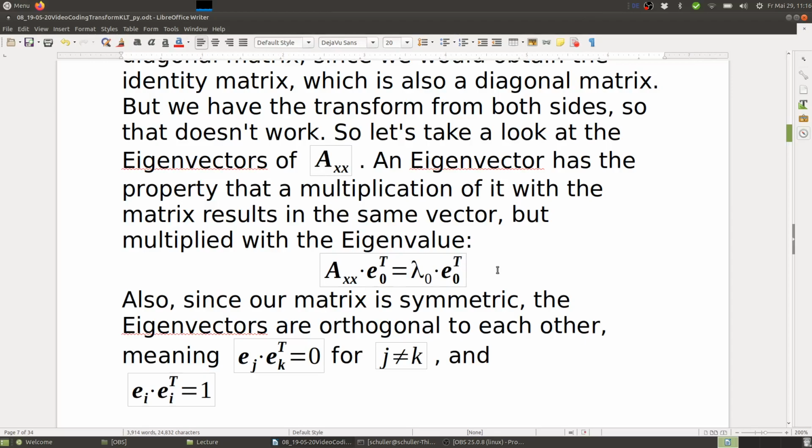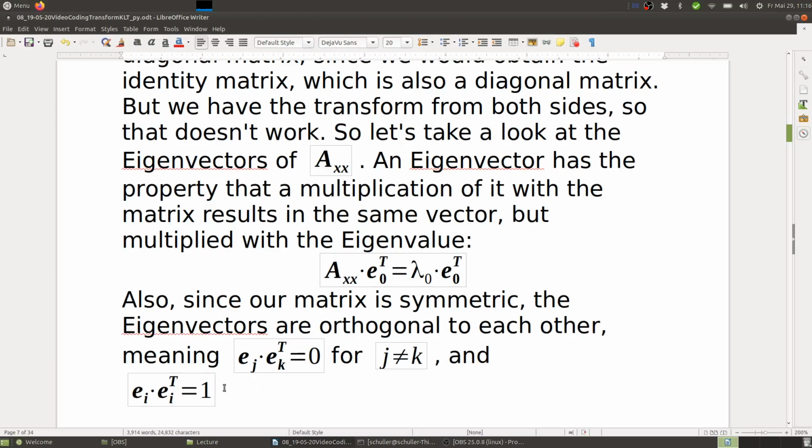And it turns out that a matrix of dimension n by n has exactly capital N eigenvectors and eigenvalues. So E naught is called the eigenvector, lambda naught is called the eigenvalue. Also, since our matrix is symmetric, the eigenvectors are orthogonal to each other, meaning Ej times Ek transpose is 0 if j is not equal to k.